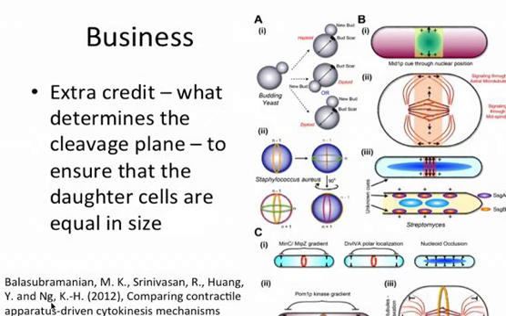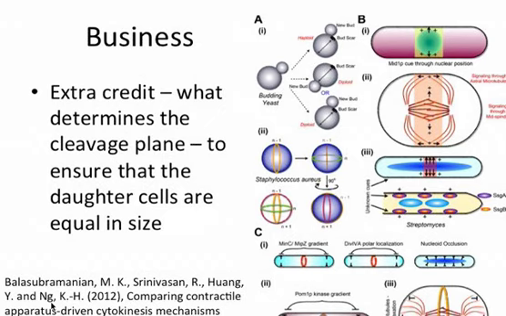That's basically what the question was the other day: what determines the cleavage plane to make sure that daughter cells separate during cytokinesis, and the daughter cells are equal size. There's a lot, like they go through yeast and bacteria, and of course I'm going to care most about eukaryotic cells. But there are a lot of mechanisms.